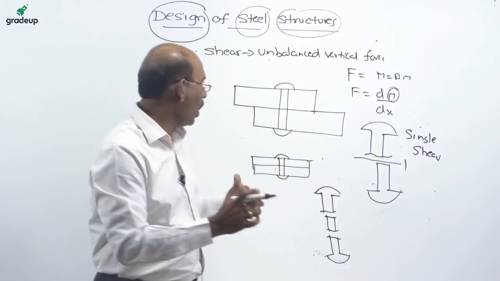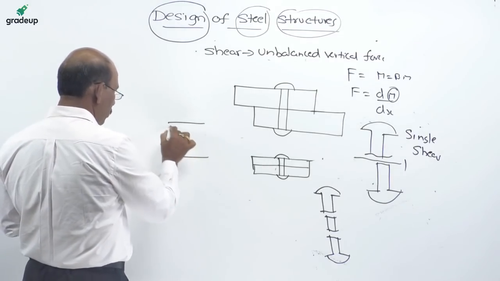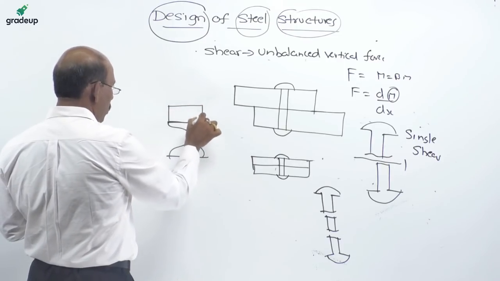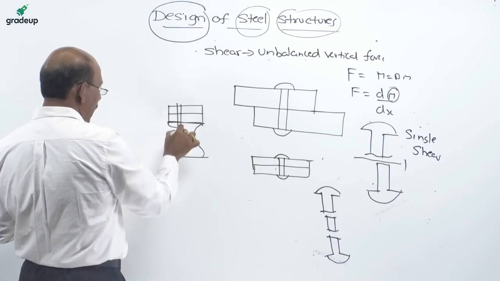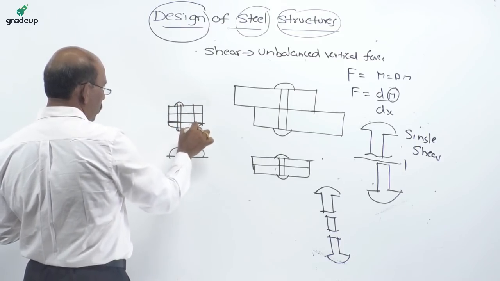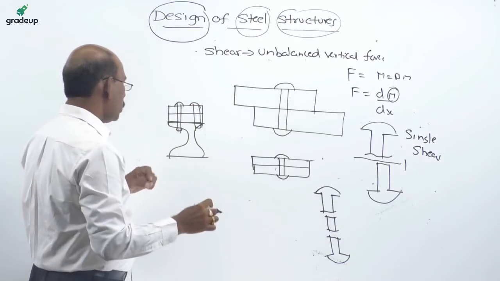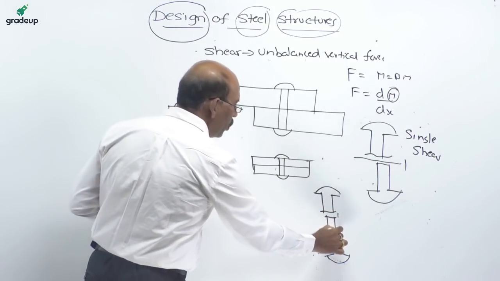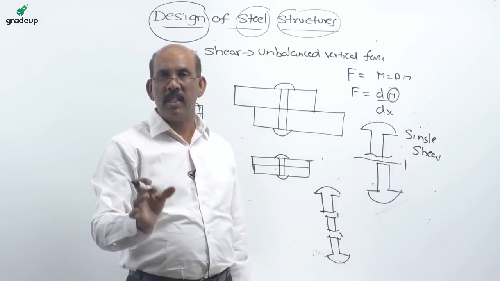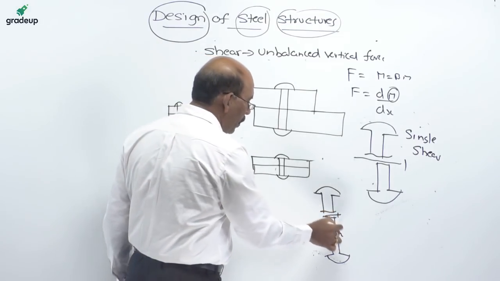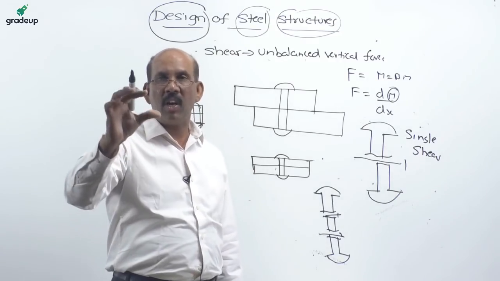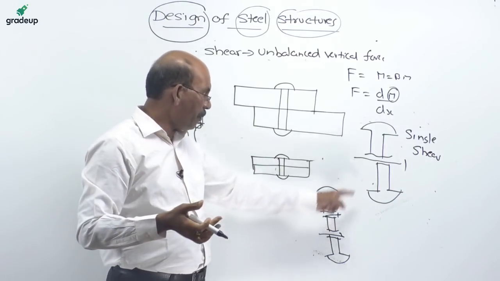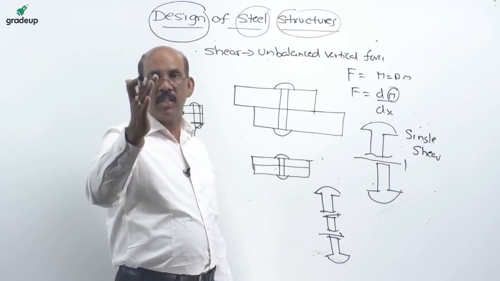For example, you have one I section, and I provide two cover plates here and connect by means of rivets. You can observe the failures at two points, here and here. When a rivet is broken, you have two failure surfaces, which is known as double shear. Here is one shear failure plane, here another one. Because the rivets are in double shear, the rivet breaks into three parts. This is called shear failure.